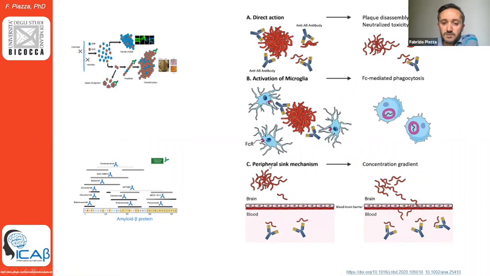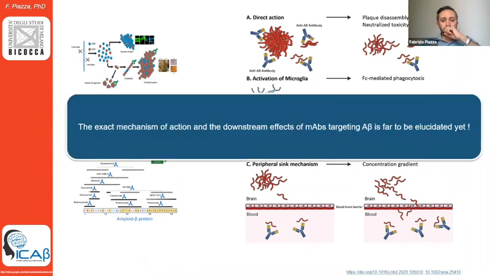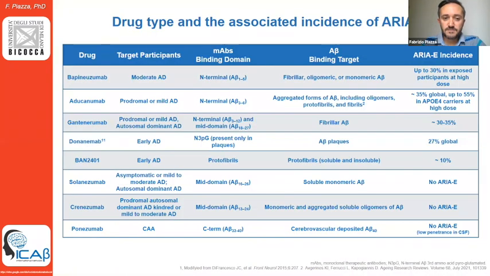The third mechanism supposes a peripheral sink mechanism, which means that the antibody can bind beta amyloid in the blood, so it doesn't even need to enter the brain parenchyma to bind the soluble form, and so it can draw more beta amyloid out of the brain, and delay or avoid the aggregation of these species while they are produced. But the mechanism of action of any of these antibodies is far from completely elucidated yet.